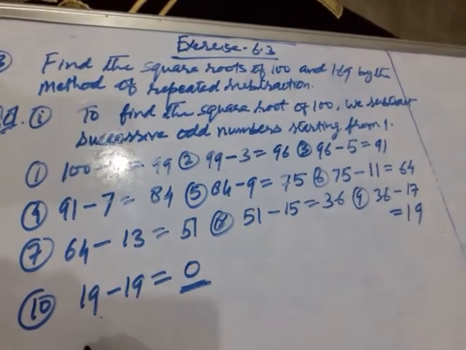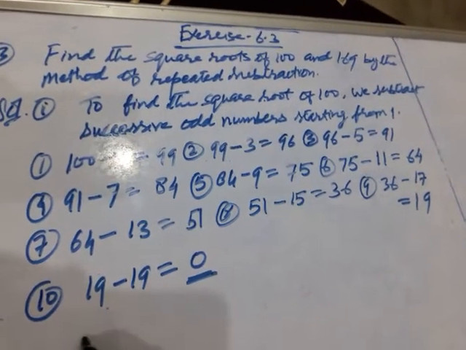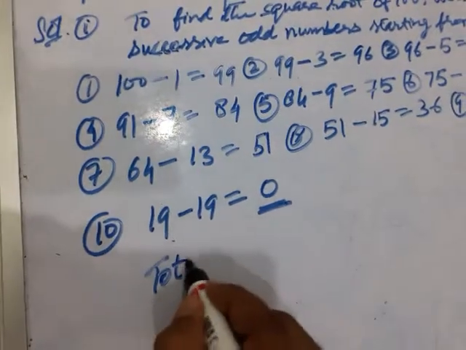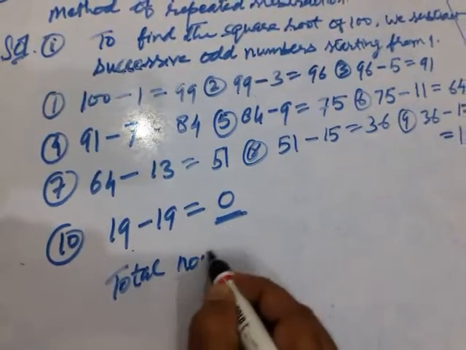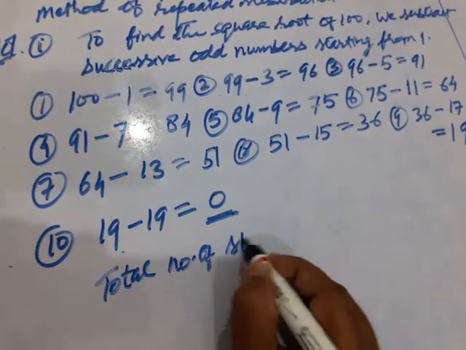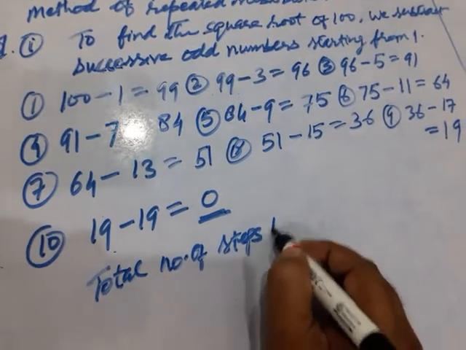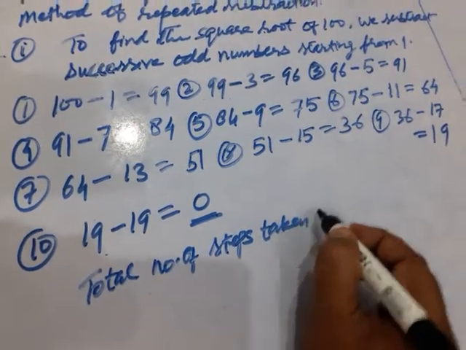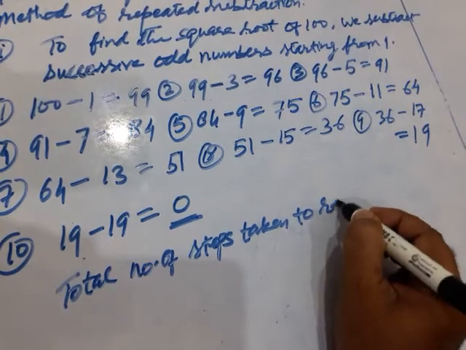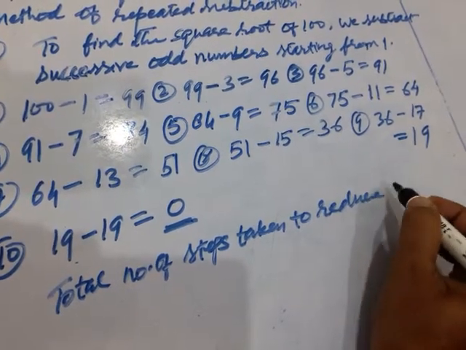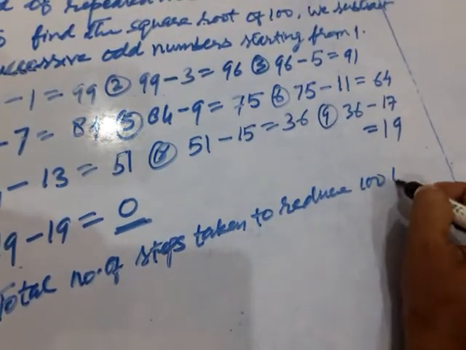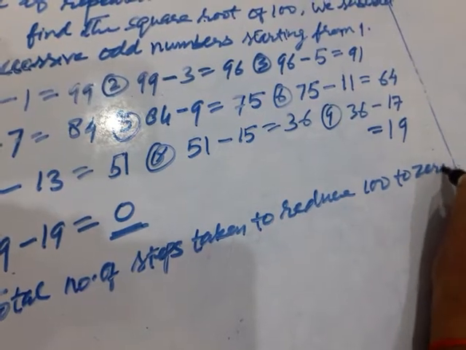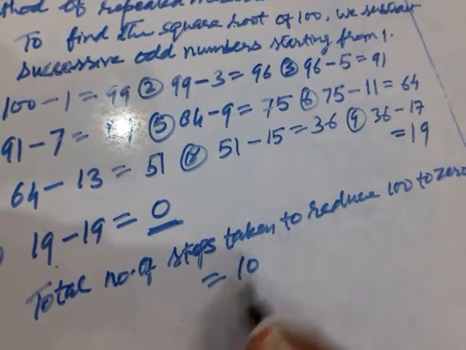How many steps? The total number of steps taken to reduce 100 to 0 is 10.